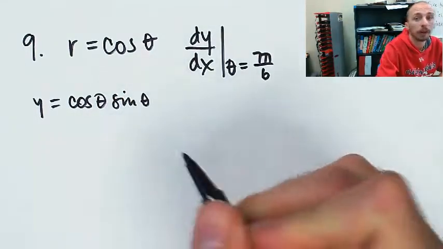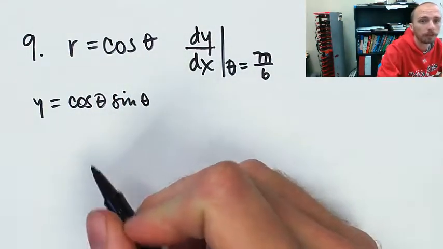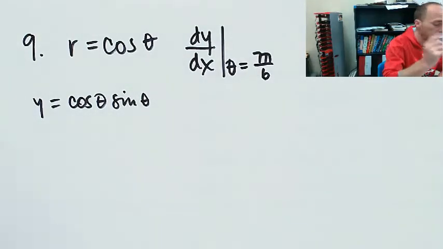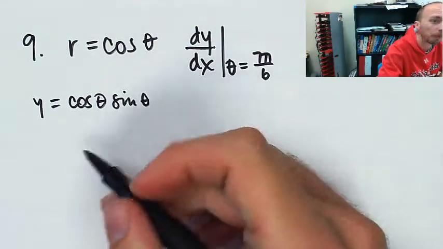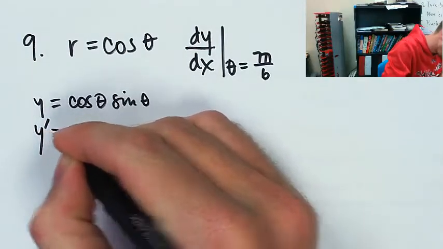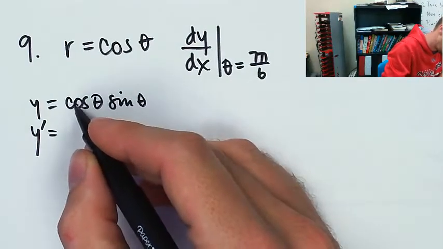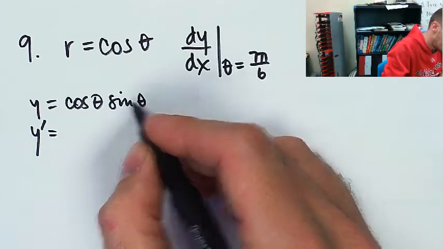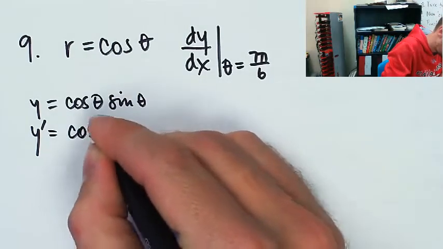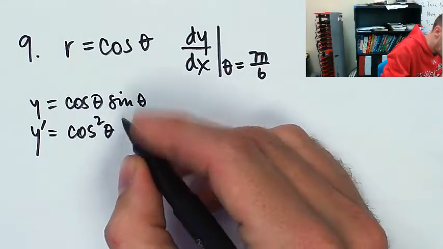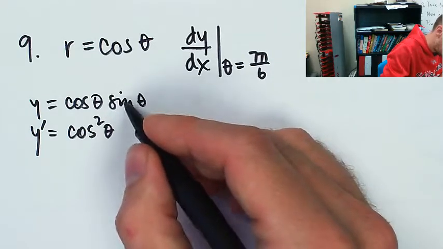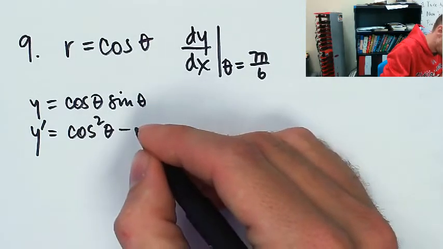This is the type of thing that if you wanted to hit it with a trig identity, you know this is half of sine of 2 theta, then you go ahead, right? It makes it easier to take the derivative. But if you don't, you're just going to take it using the product rule. So I'm going to take the derivative of, maybe I'll start with sine theta and leave cosine the same. Then I'll have 2 powers of cosine theta. Then I'm going to add in, leaving sine the same, taking the derivative of cosine, so it'll be negative sine.